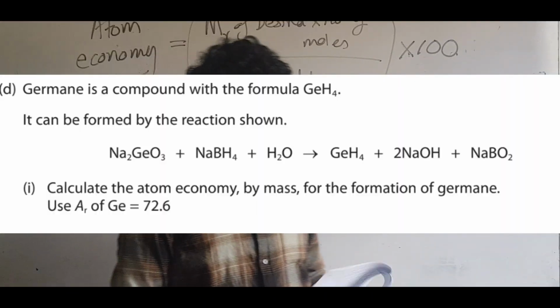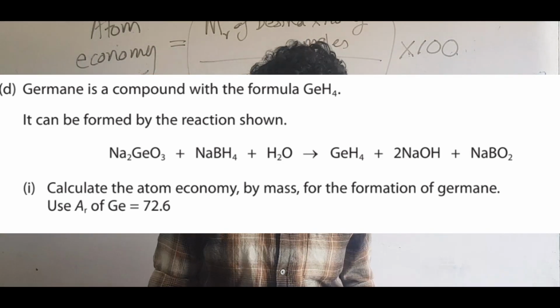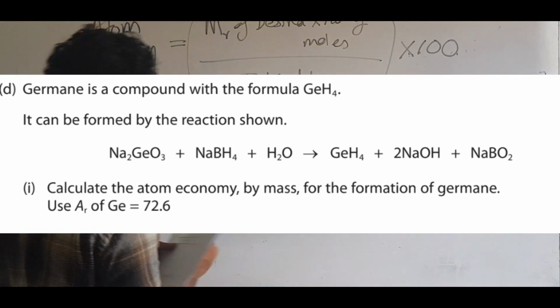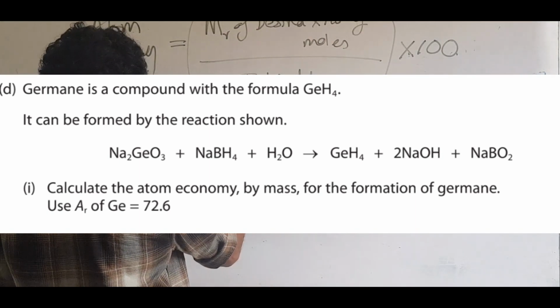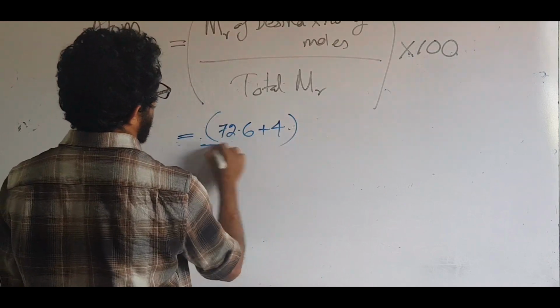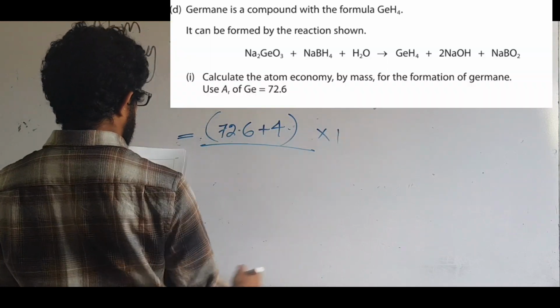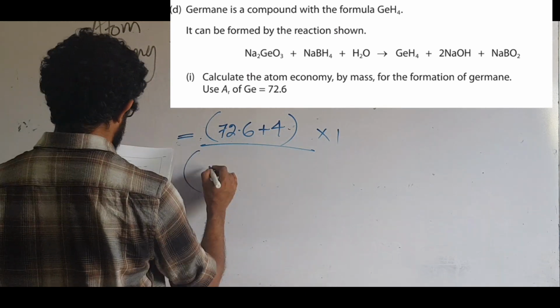Here it says: calculate the atom economy by mass for the formation of germane. This is a reaction. GeH4, germane, is 72.6 for germanium plus 4 hydrogens. The number of moles here is also 1. You can use the reactant side or the product side; I am using the product side again.